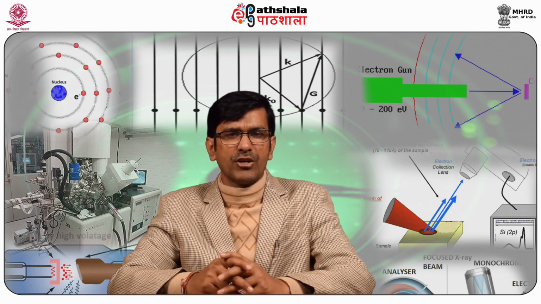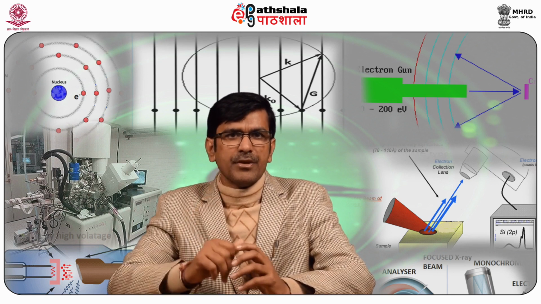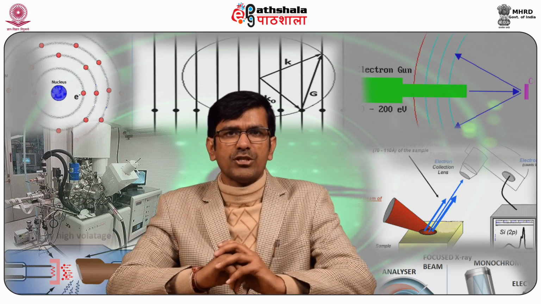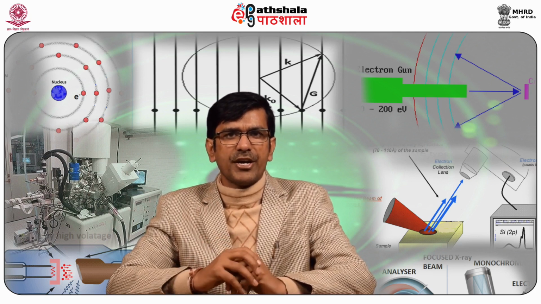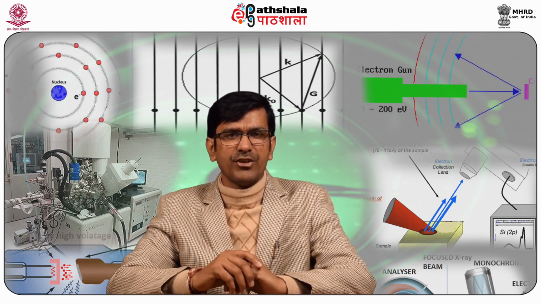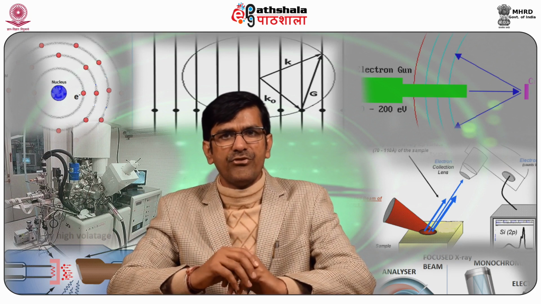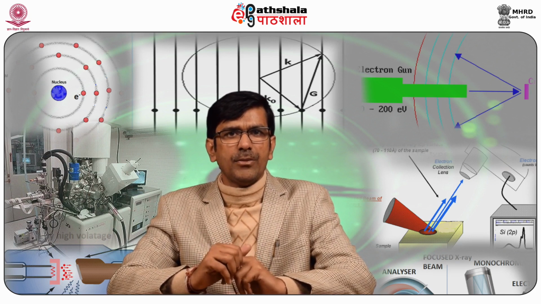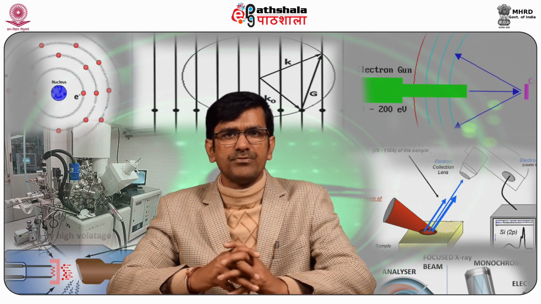Now about the function of a beam splitter. The beam is further refocused onto the external detector after reflection from the surface, which is further fed back into the processing circuitry of the spectrometer.